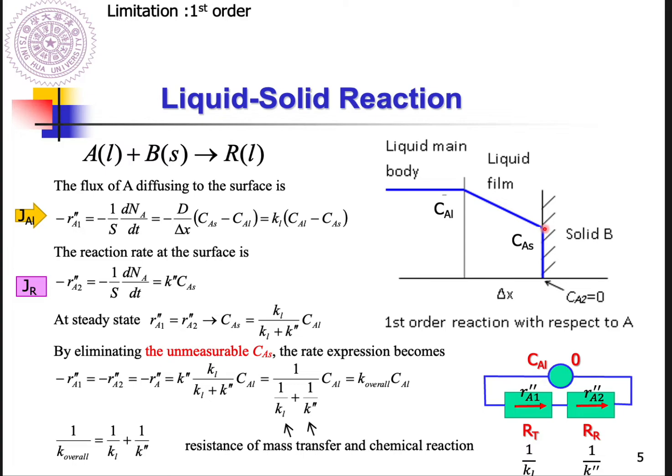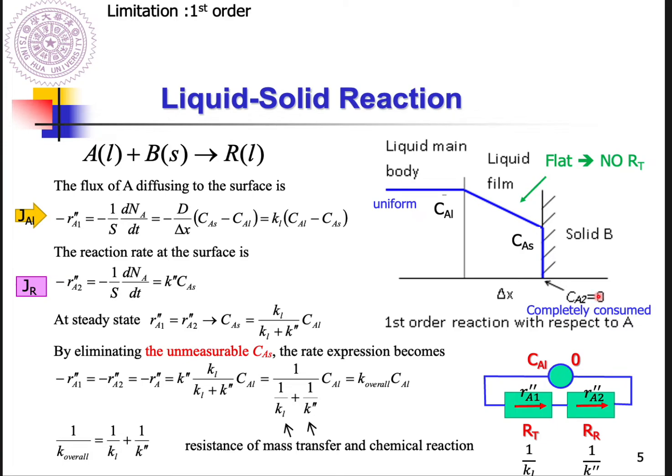And when it arrives at the surface of the solid B, it will start the chemical reaction and react with reactant B. We assume reactant A will be consumed completely, so the concentration will drop to 0 at the surface of solid B.